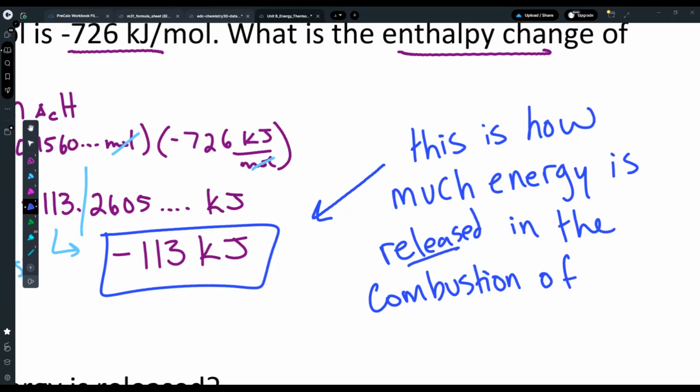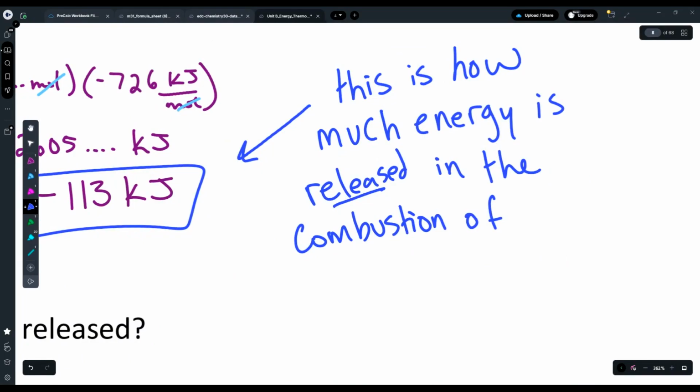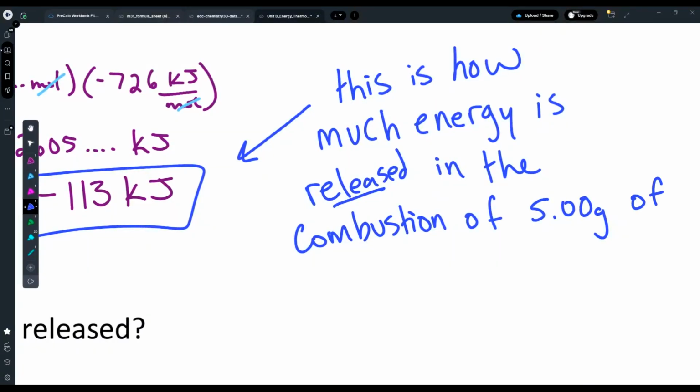When I say released, that's the word version of the negative. So released in the combustion of 5 grams of methanol.